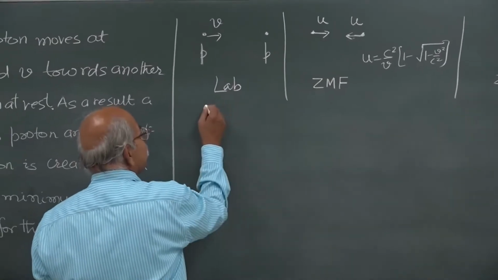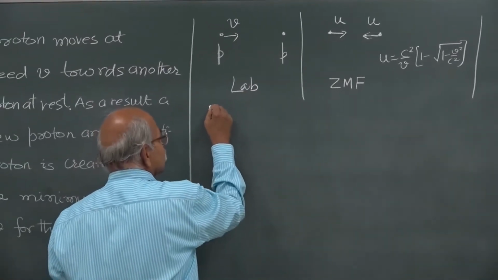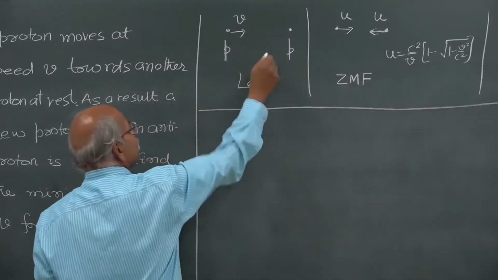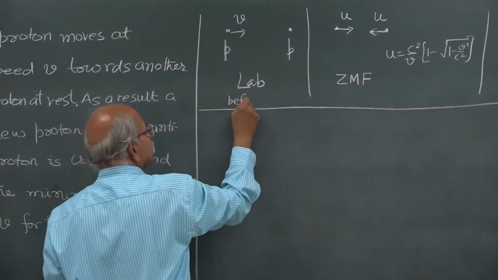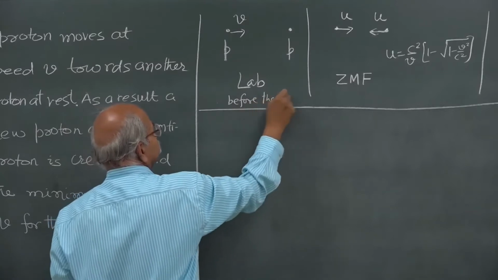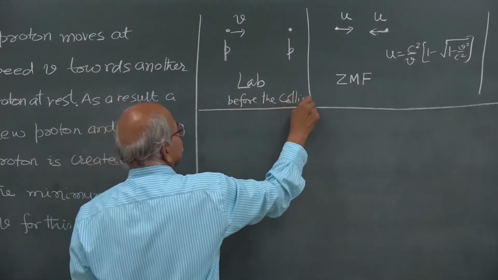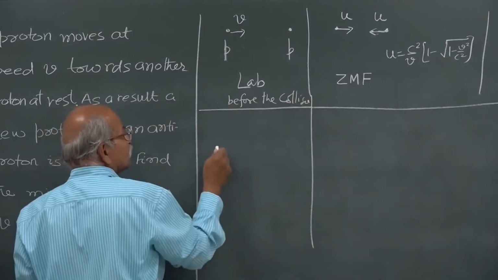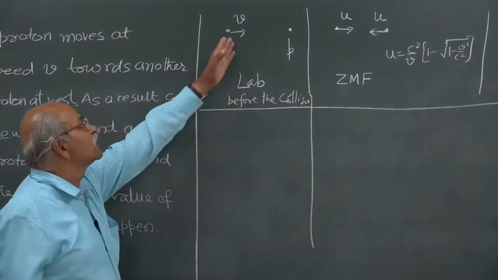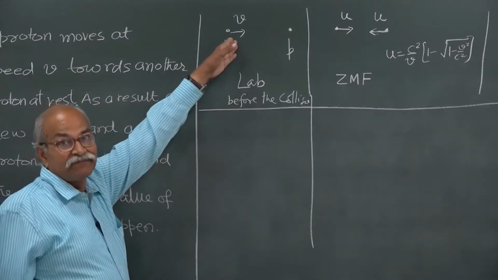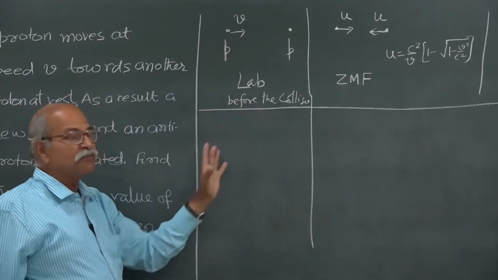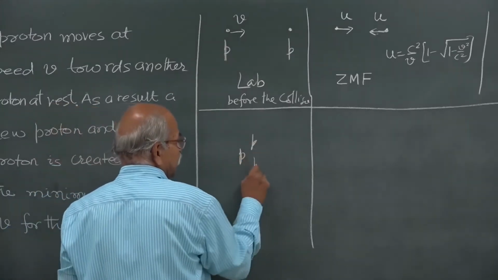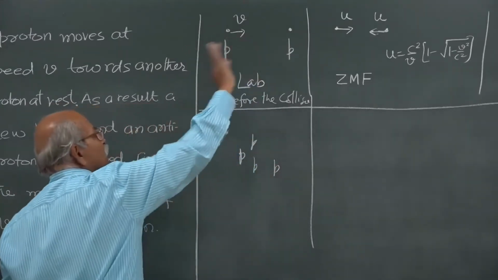So, this is the lab frame, let me do it again. In the lab frame, this is before the collision. What will be after the collision? You will have 4 particles, and they must move because there is momentum, so the 4 particles P, P, P, P should have a forward momentum.